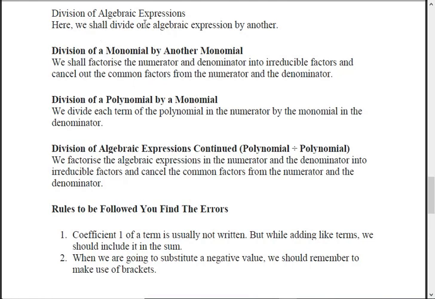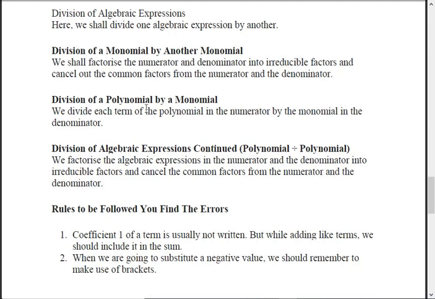We shall divide one algebraic expression by another, meaning dividing a monomial by a monomial. We shall factorize the numerator and denominator into irreducible factors and cancel out the common factors from both numerator and denominator. We have just done that earlier. Same with division of a polynomial by a monomial: we divide each term of the polynomial in the numerator by the monomial in the denominator.